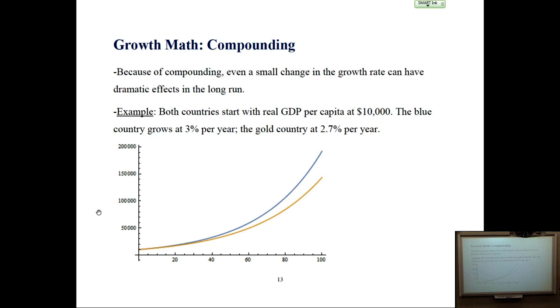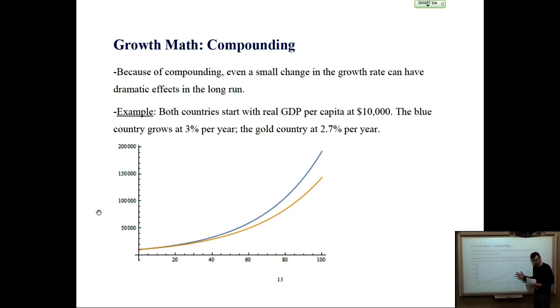Now, one important thing to realize when you're dealing with long-run growth is the power of compounding. My illustration here has two countries. One of them has a 3% growth rate. The other one has a 2.7% growth rate. You might be thinking, well, it's only different by 0.3%. 0.3% is pretty small, so this shouldn't really matter a whole lot.